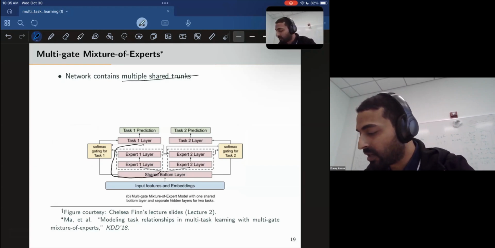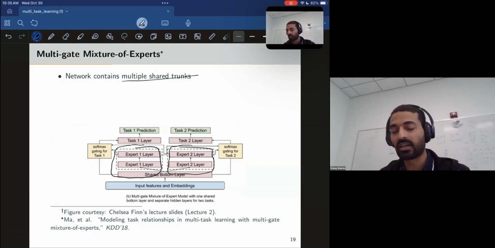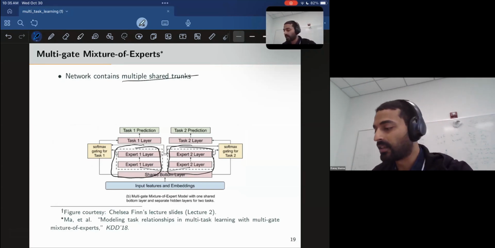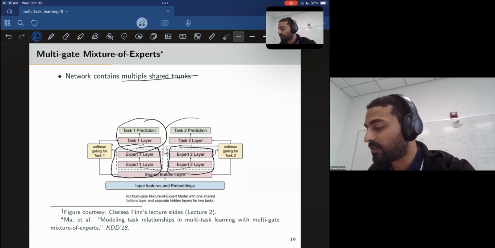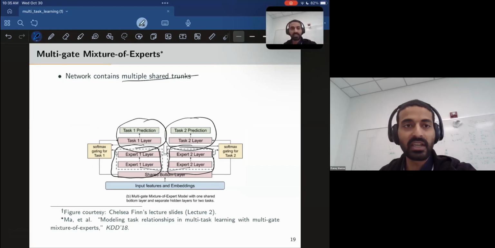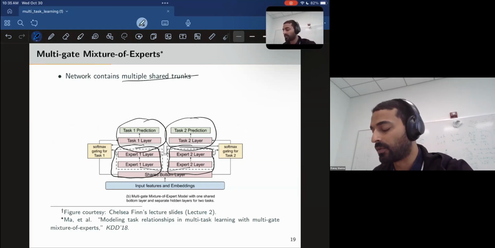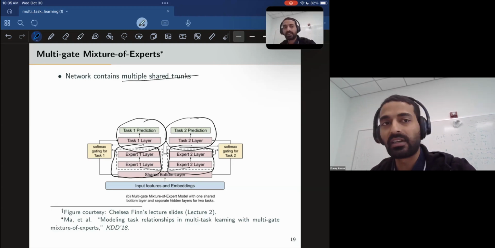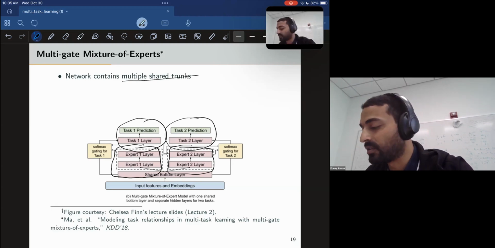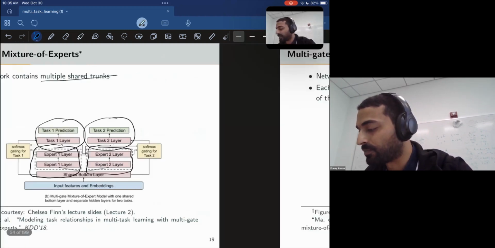So this is one trunk, this is another trunk, and all of these are shared across tasks, right? And then at the top, you have task specific layers. So this is clearly more general than what we just saw. What is the benefit and what are we getting out of this more general architecture?